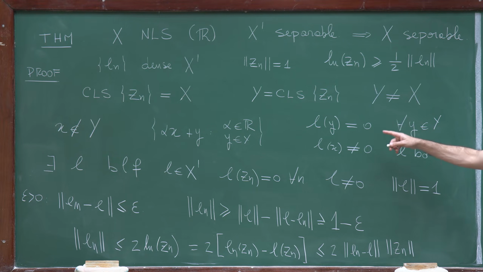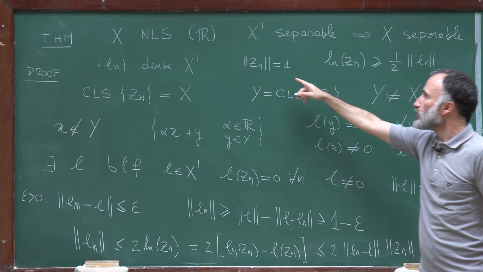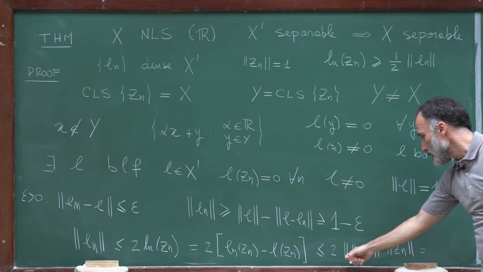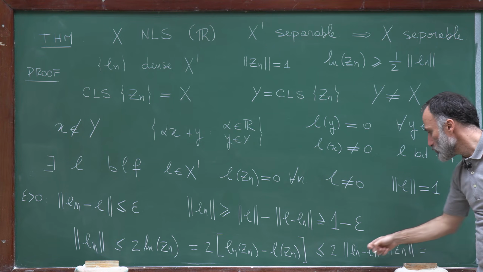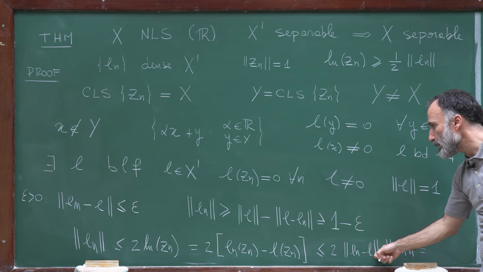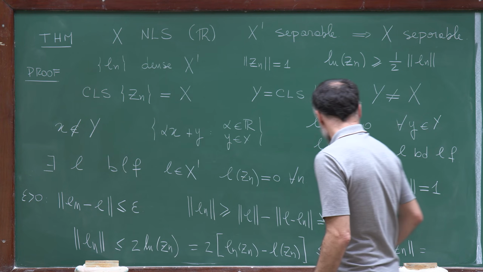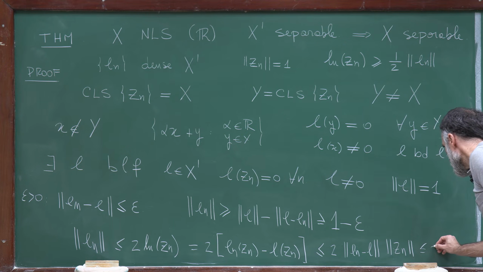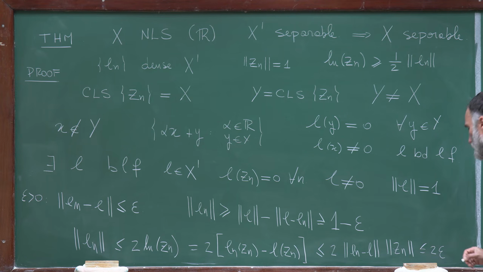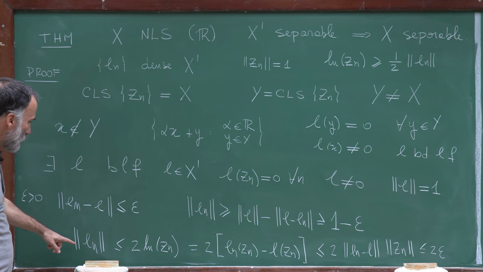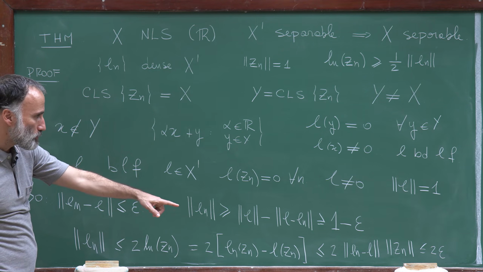But the Zn were chosen so that the norm is equal to 1. So actually, this is equal to 2 times the norm of Ln minus L. And the norm of Ln minus L is bounded by epsilon. So this is bounded by 2 times epsilon. So on the one hand, we have that the norm of Ln is bounded by 2 epsilon.